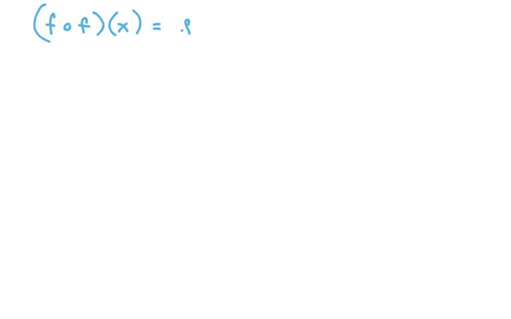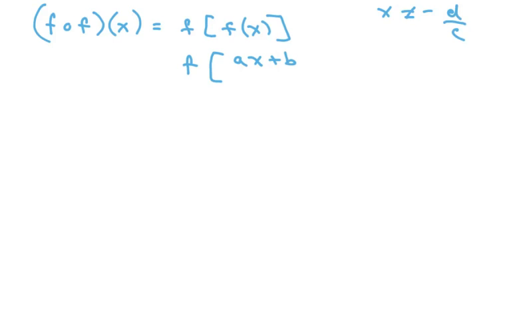So this is going to be f composed with f of x. Now, we already know the domain for this is x cannot be negative d over c. But let's go ahead and work it out. We have f of ax plus b over cx plus d.